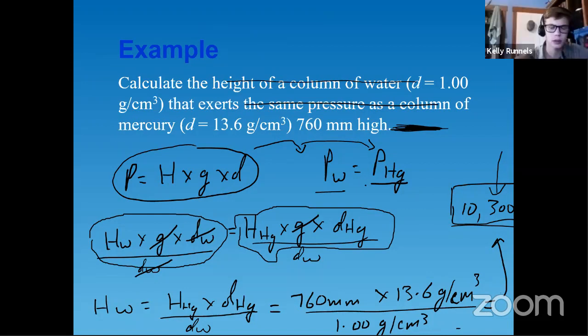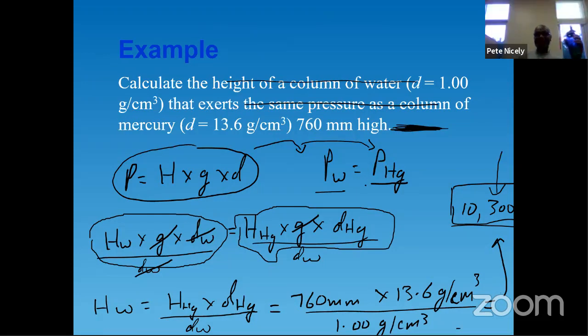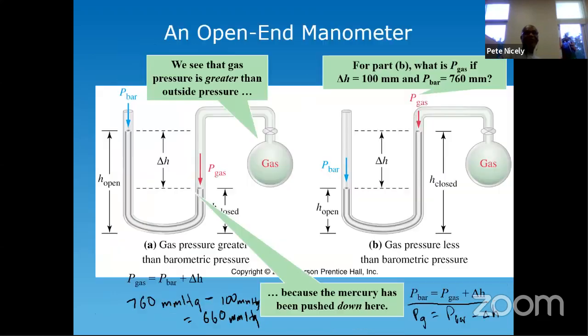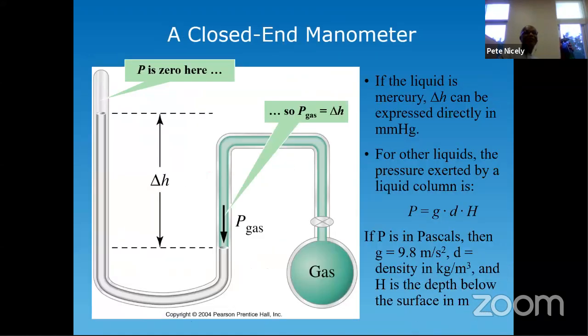Yes, sir. The reason people use mercury, in addition to it being conveniently dense, would it also be that it doesn't vaporize very easily? That's a very important point. Going back to this here, you notice I mentioned that this is a vacuum.